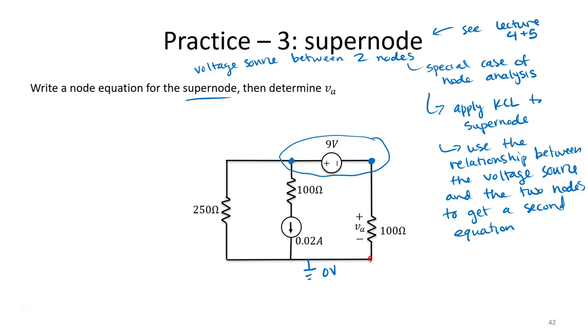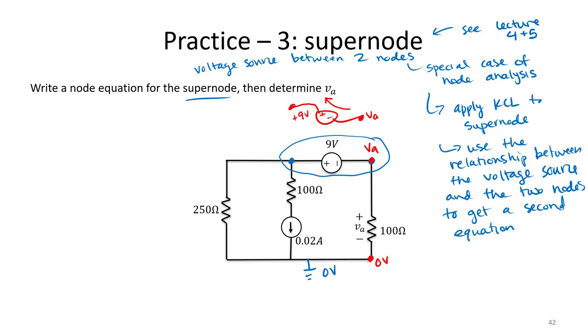So in this case, notice that initially my bottom node is sitting at 0 volts, or ground, but I'm told that I want to find VA across that 100 ohm resistor. So I can conclude that the voltage on the right-hand side of my 9 volt source must be VA. And then if I draw a picture, notice that if I walk across this source, I'm going to be 9 volts higher on the left-hand side of my source.